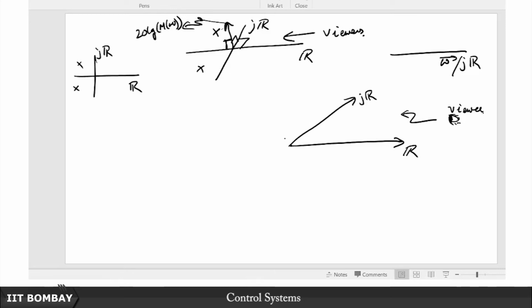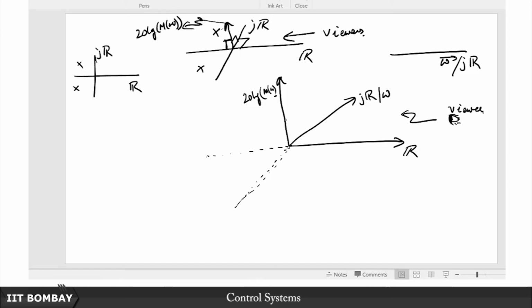So, this is what we are looking at, and this is basically the 20 log of M(omega). Now, the point here we are trying to make is that suppose you extended this in this direction, and these are like your omega axis going in this direction.